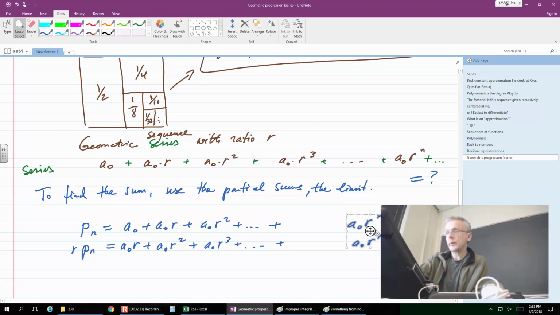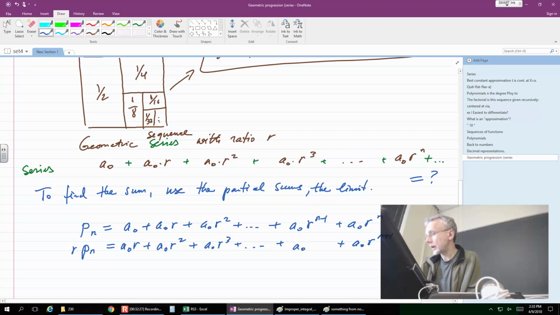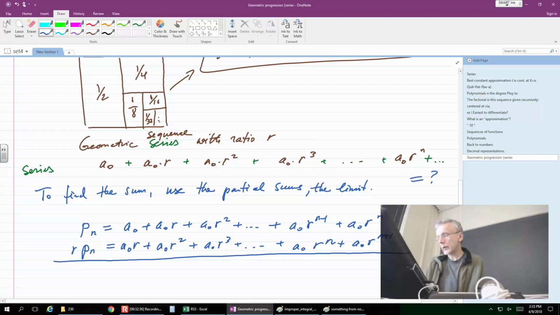I need one more term here, so a naught r^(n-1), a naught r^n. So the trick is now to subtract and cancel things. If I start subtracting, first of all, on the left I'm going to have P_n minus r P_n.